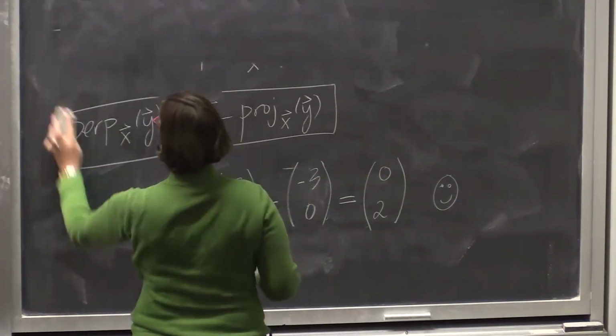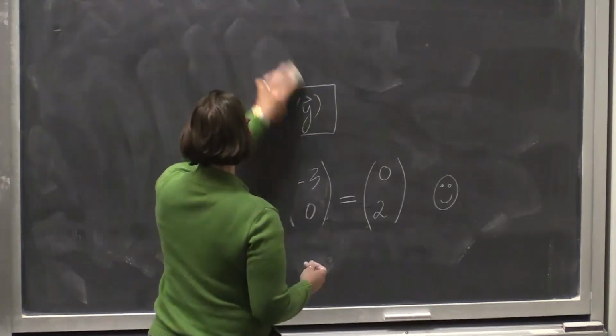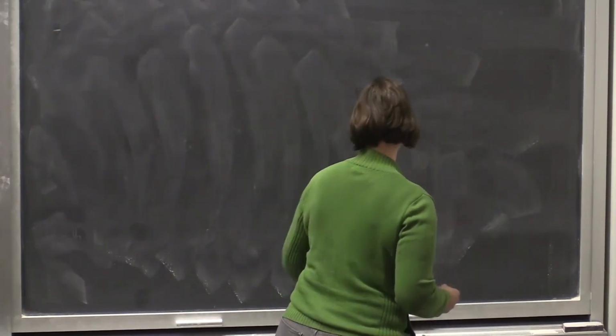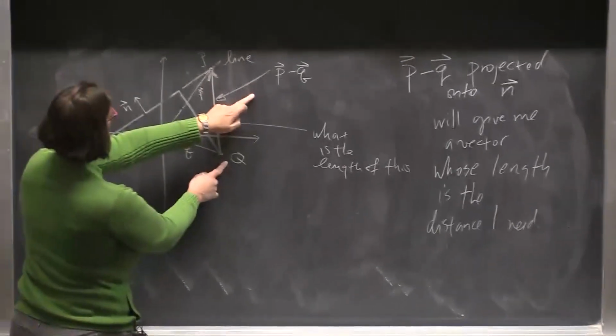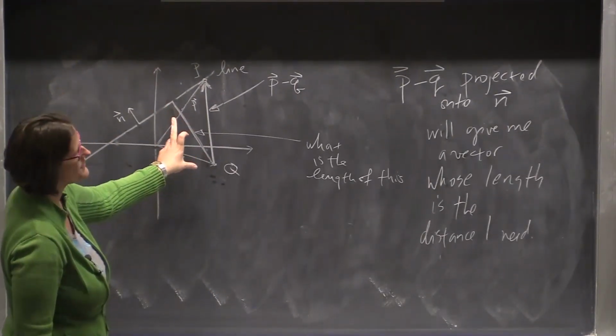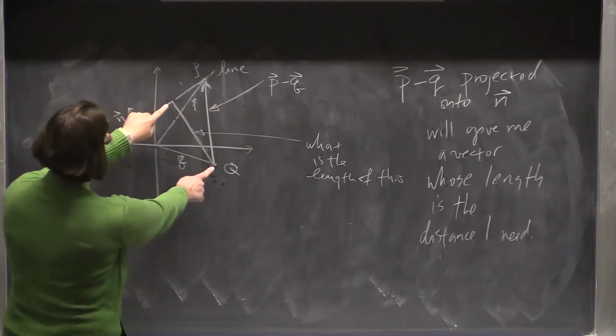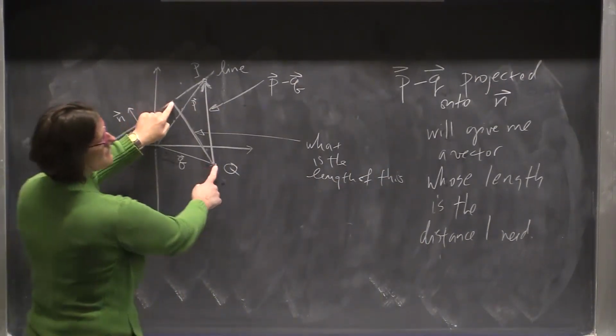So at this point, what we've done is this is P minus Q, and we have projected P minus Q onto the normal. So we have computed this vector.